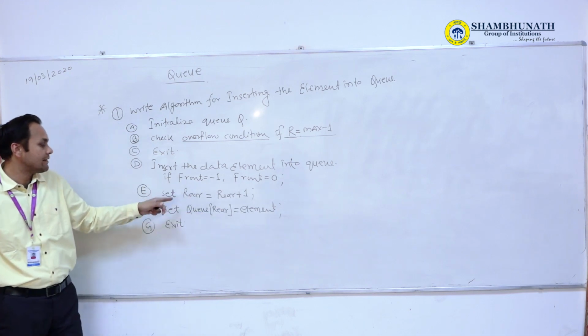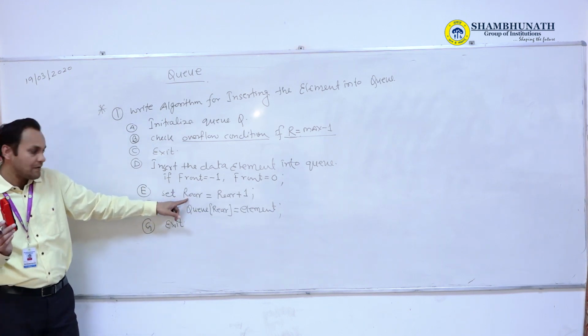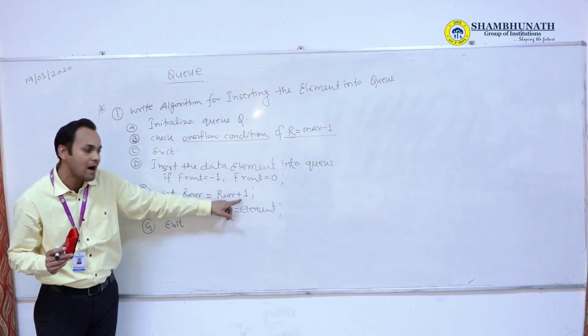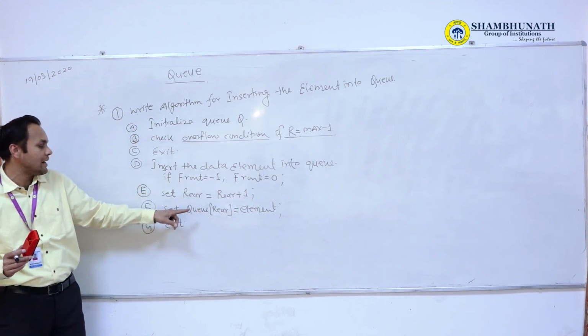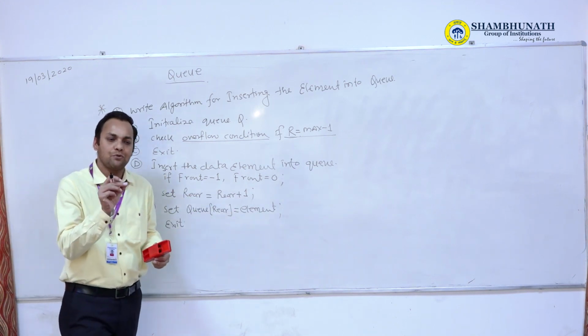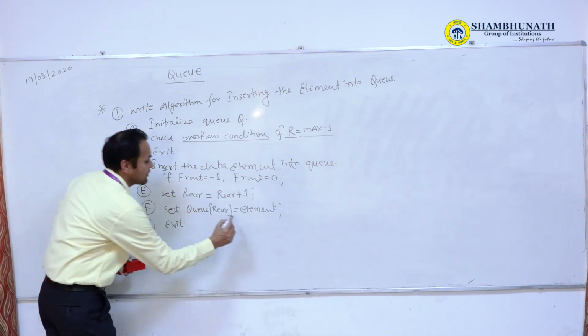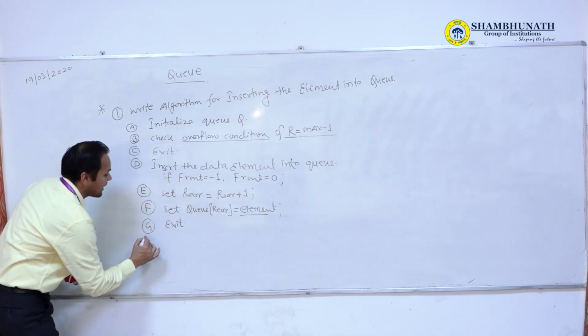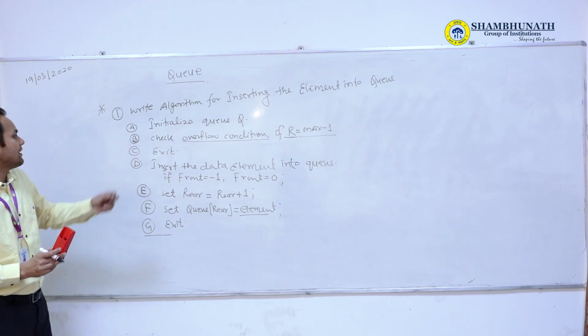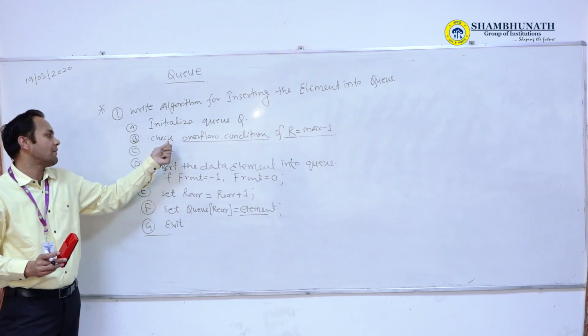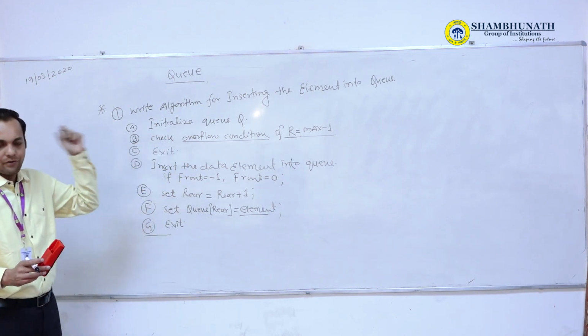Then we insert the element. R will increase by 1, R equals R plus 1, then the data element is inserted at the rear position of Q, and then we exit from the Q. This is the basic algorithm of inserting an element into the Q.